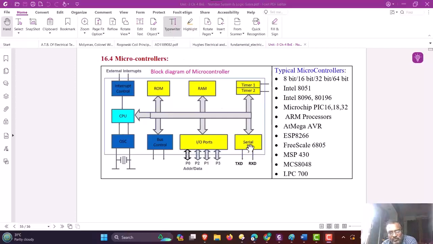Whereas IO ports are basically like a gate. They provide the facility for the CPU to send data to the external world or get data from the external world inside the microcontroller system. And these ports are mostly parallel IO ports, meaning they can send 8-bit data or 16-bit data and so on at a time from the processor to outside the microcontroller system or from the outside world to inside the processor system.